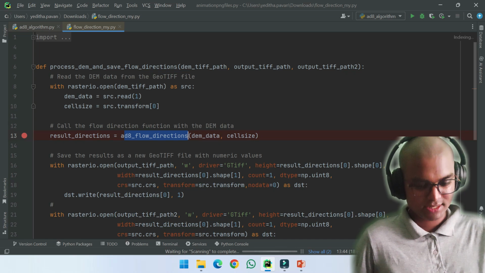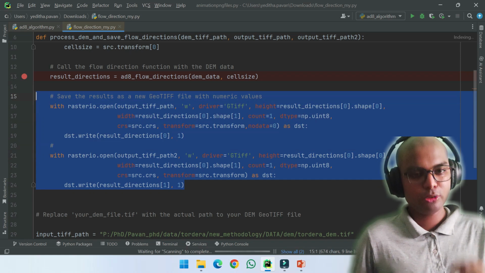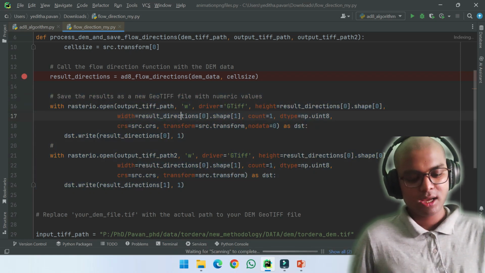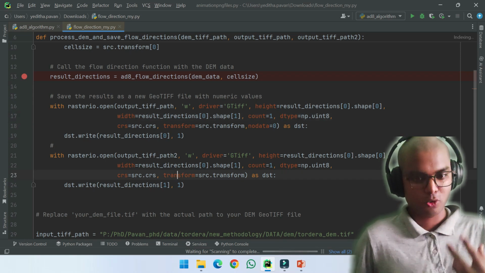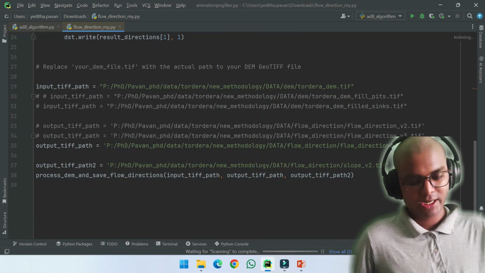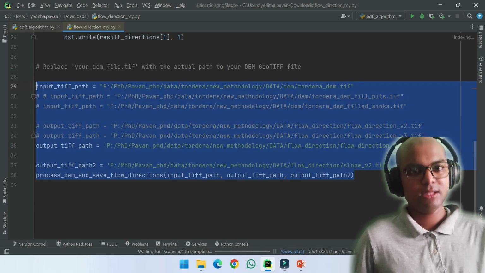I'm giving the DEM and cell size, and finally I'm saving 2 rasters into TIFF files. The first one would be my flow directions, and the second one would be my slope. So I run it using input data and I'm giving the paths to my output data, and I'm running this whole function to be able to get the result.